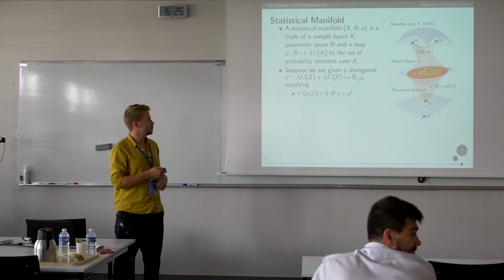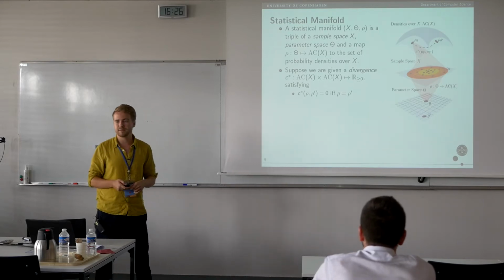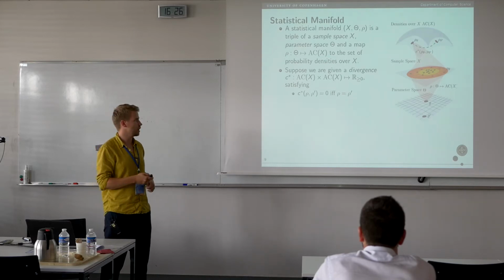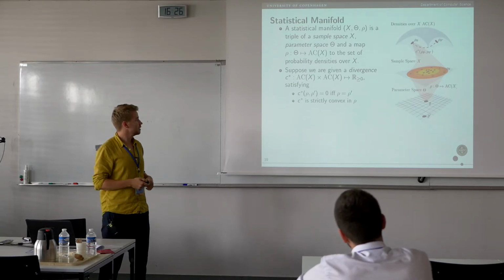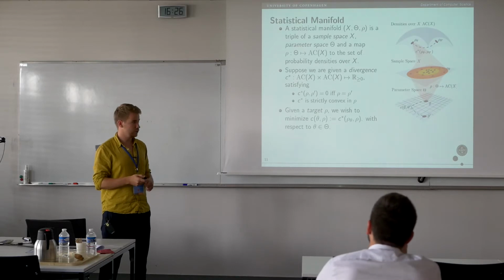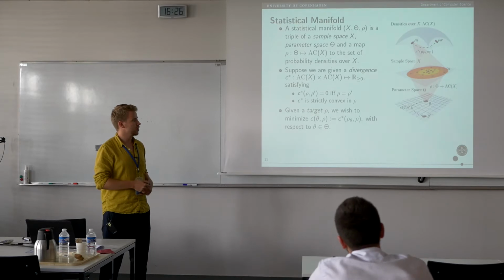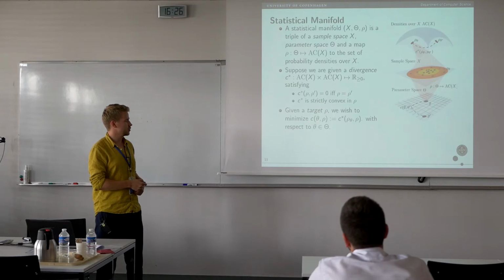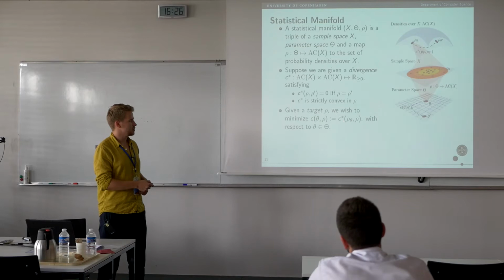And then what we require from that similarity measure is that it's positive definite. So it's zero only if rho and rho prime are the same, and it's strictly convex in rho. Then what we usually do is pull back the similarity measure from the manifold to the parameter space, by defining that the similarity measure between a parameter and rho is given by the similarity measure between rho theta and rho.